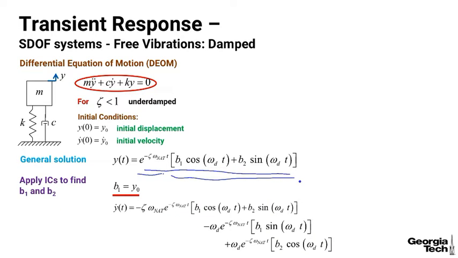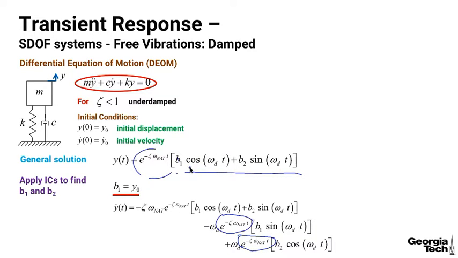And then, as you recall from your days of taking derivatives, we take the derivative of the second term times this. So there's my e to the minus zeta omega natural t. The omega d comes out in each case because it's a function of t, and so it's out front here.